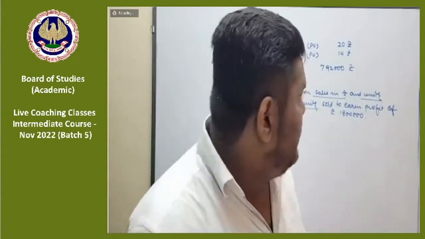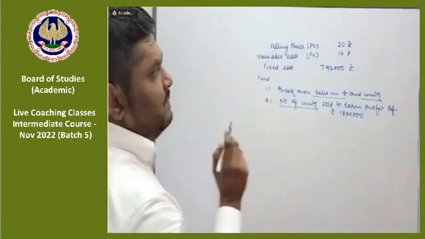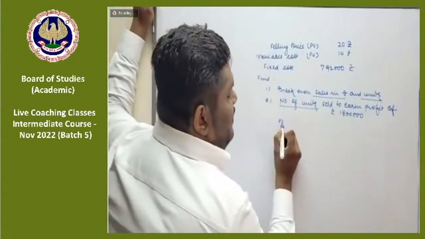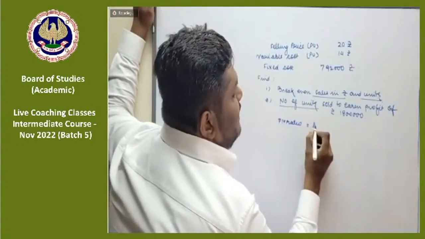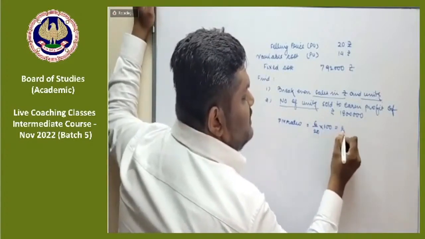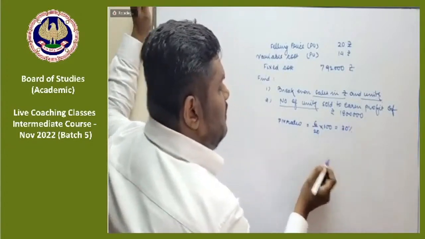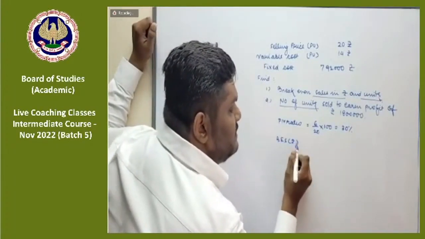No worries, Mangeshwaran. So when talking about this question, my first PV ratio will be how much? That is 6 divided by 20 into 100. So this will be 30%. Now break even sales in rupees.